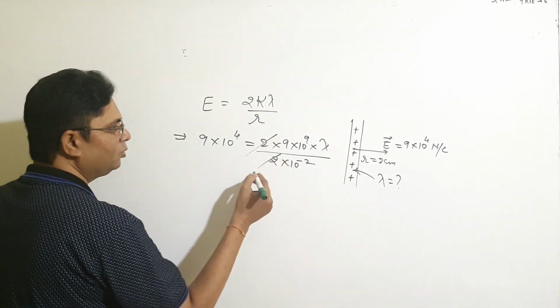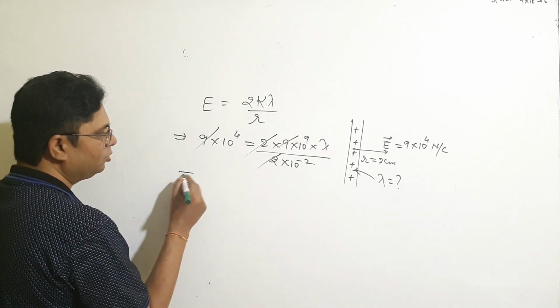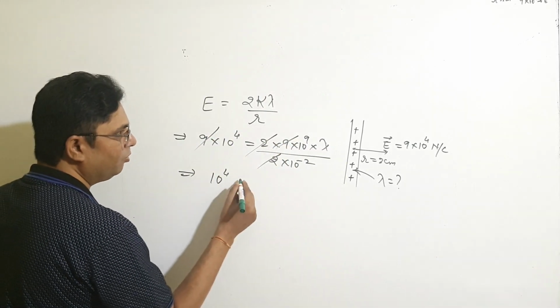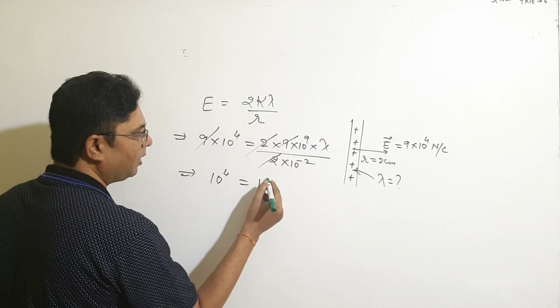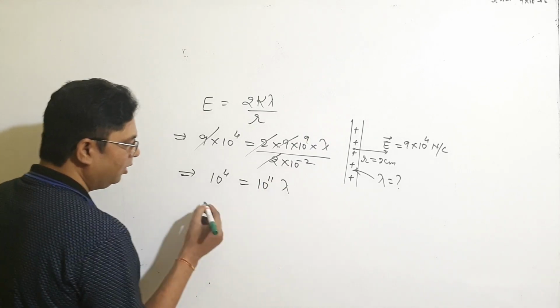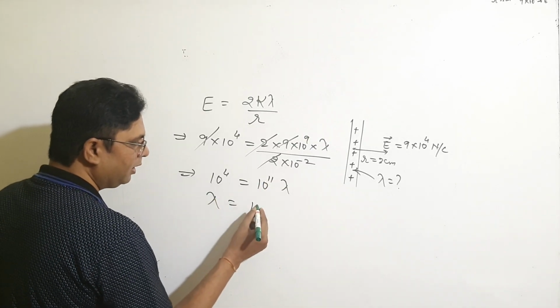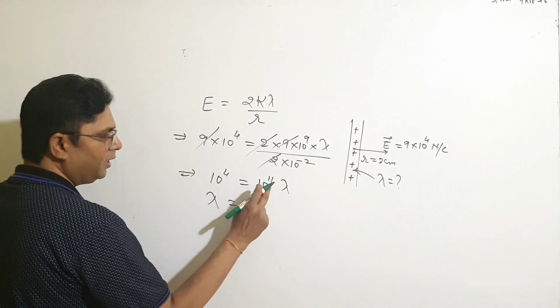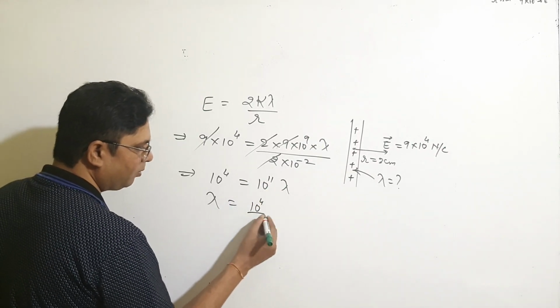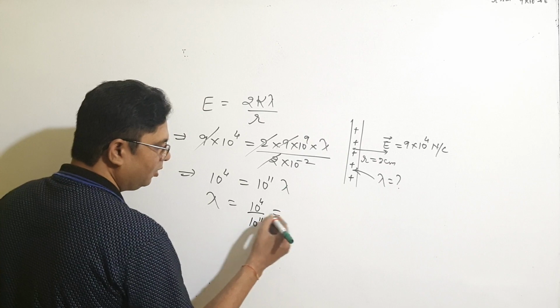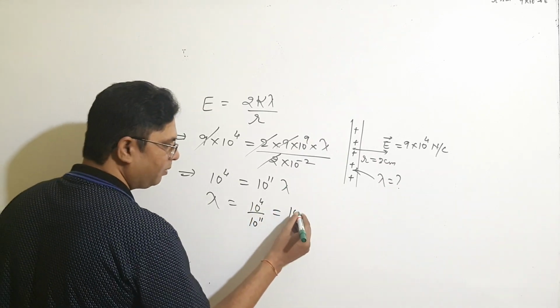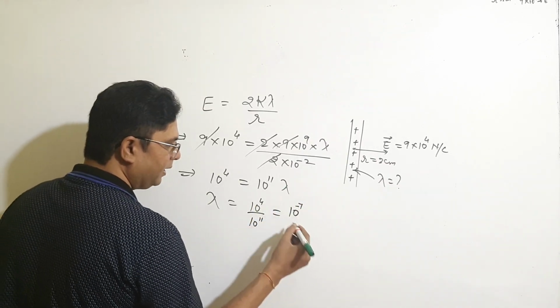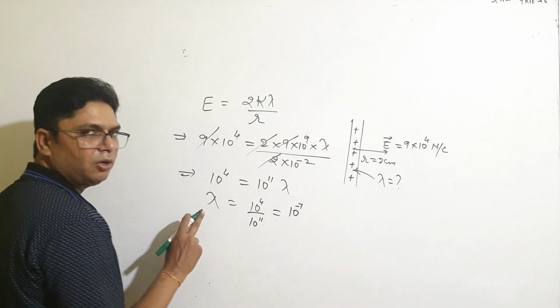So cancel this 2, cancel this 9. So you have 10 to the power 4 is equal to 10 to the power 11 lambda. So lambda is equal to 10 to the power 4 upon 10 to the power 11. So you have 10 to the power minus 7.